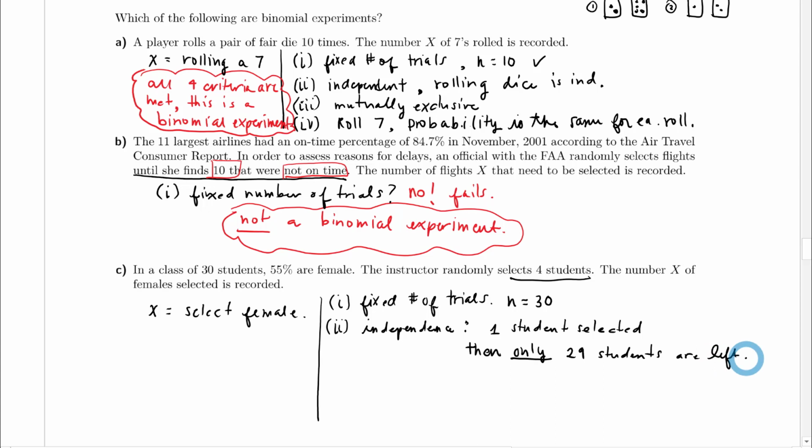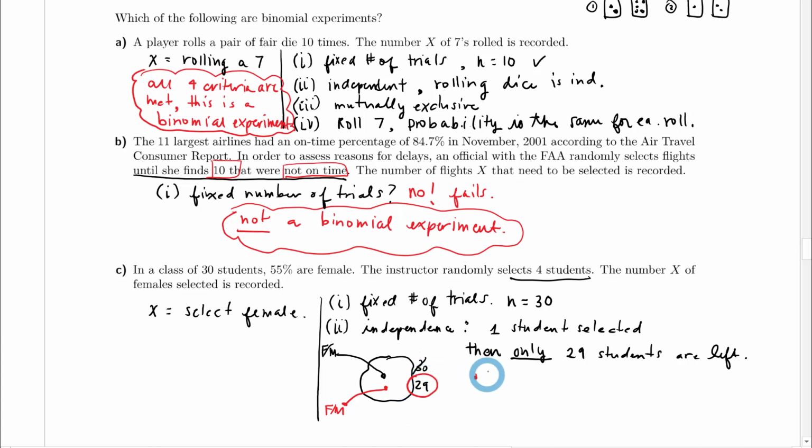So here's the class of 30, and she selects one student and records whether or not that student is male or female, right? And if it's female, it's successful, right? So now there's only 29 left. So now comes the second selection. And then it records male or female. But does that probability stay the same, or is this probability changed? And I think you can agree that it does change because that denominator changes to 29.